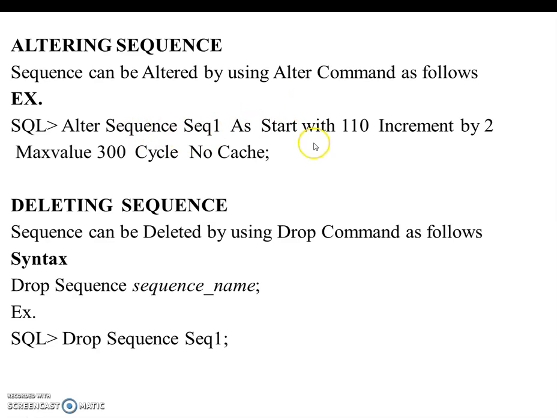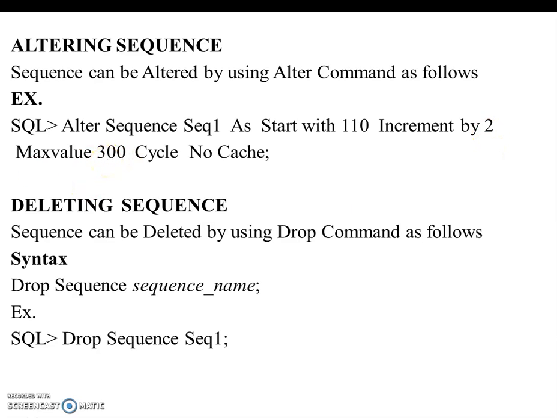For this example, I have changed the increment value, and I have also changed the max value, which were before 5 and 200. I have changed them to 2 and 300.